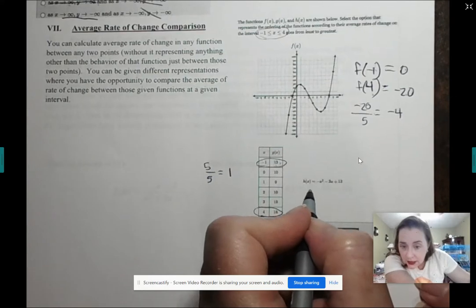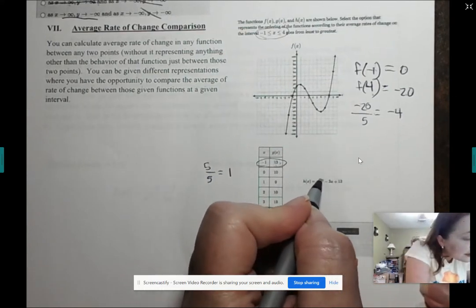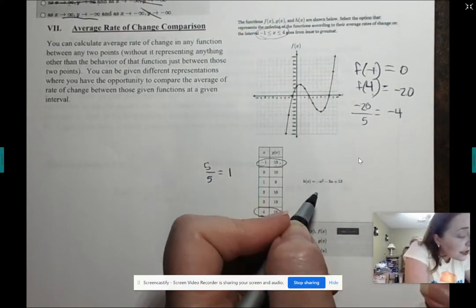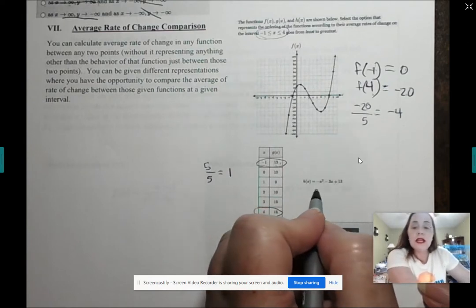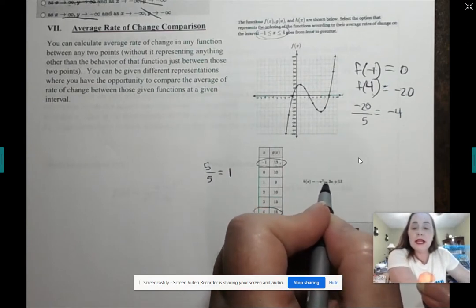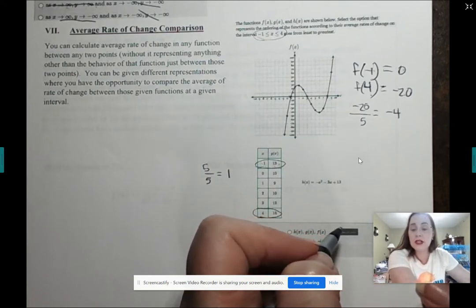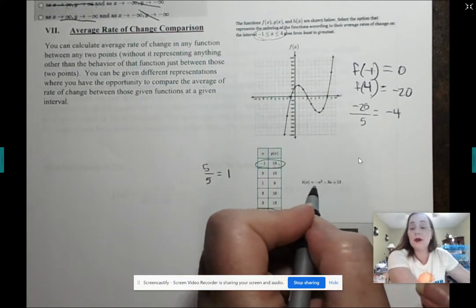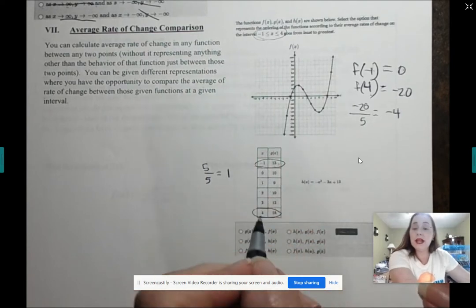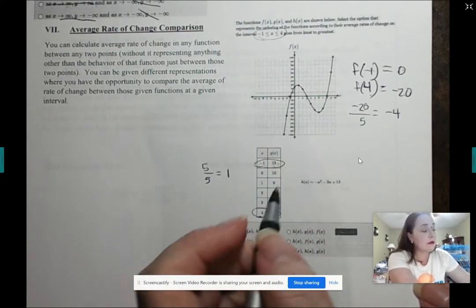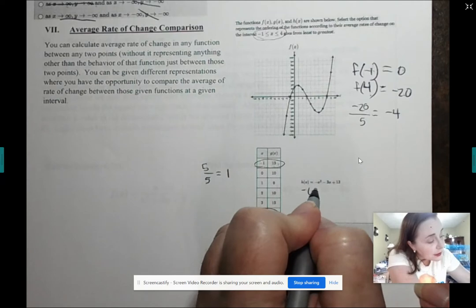And then this function right here, -x squared minus 3x plus 13, you can either algebraically plug in a -1 and a 4 and use the slope formula to find its rate of change. You could type this in and go to a table and look for those starting x values of -1 and 4. I'm just going to go ahead and plug this in.